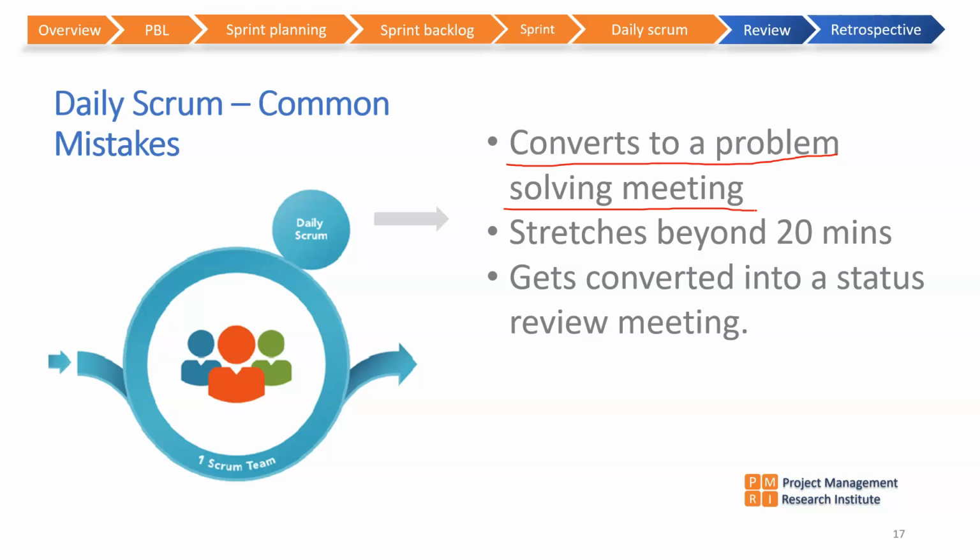So what you can do is hold the 20 minute meeting and say that is the daily Scrum meeting or daily stand-up meeting. And after 20 minutes you should say, now we are moving to an issue resolution meeting. We don't need the entire team for that. Only some people are required, so you can allow the rest of the team members to go back to work.